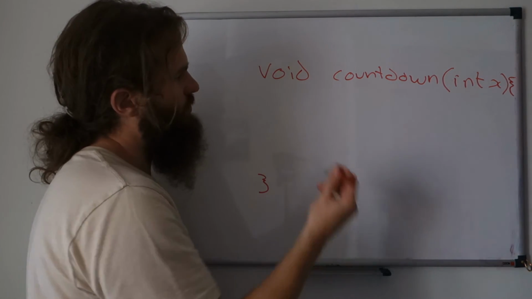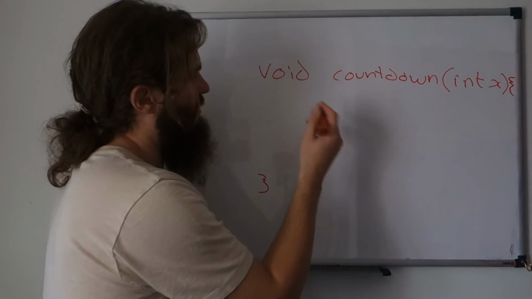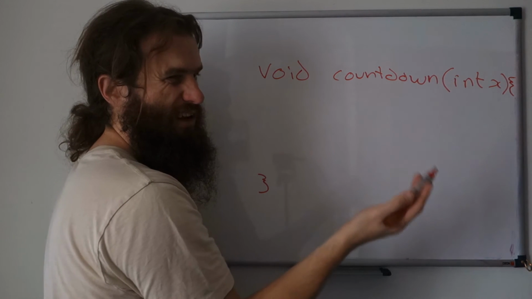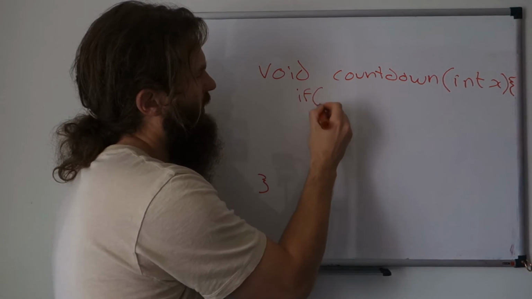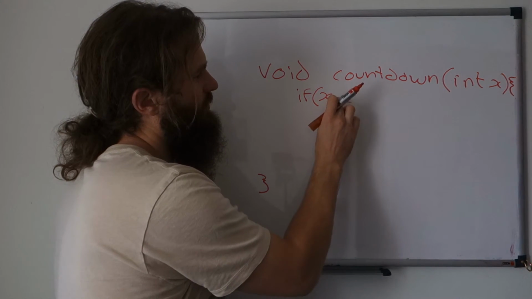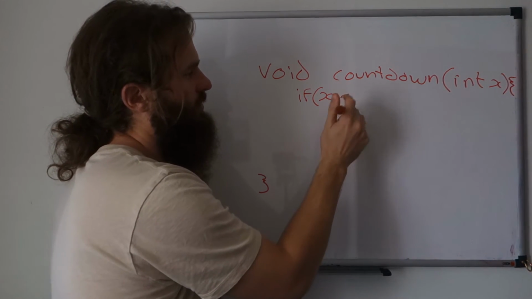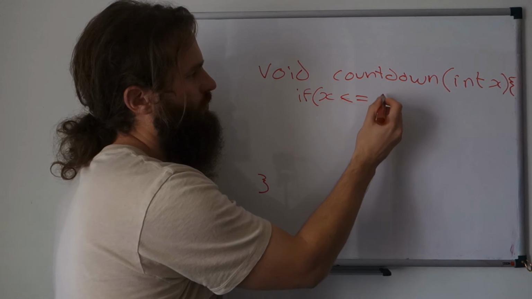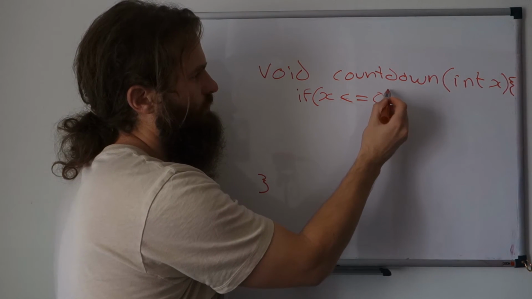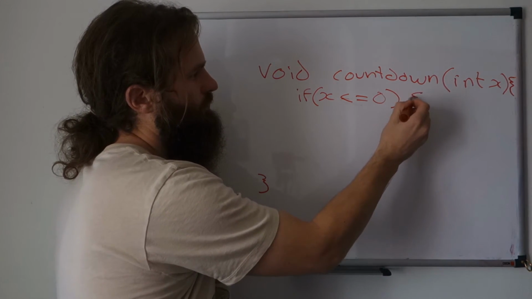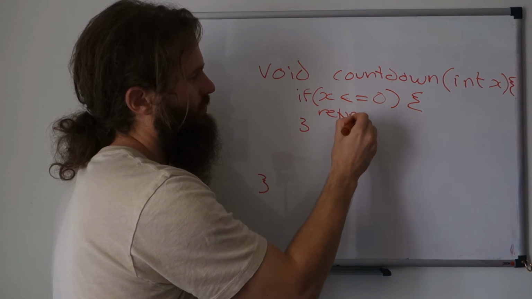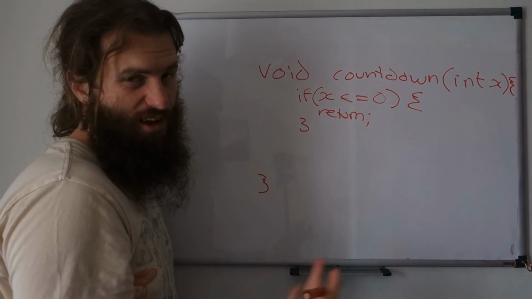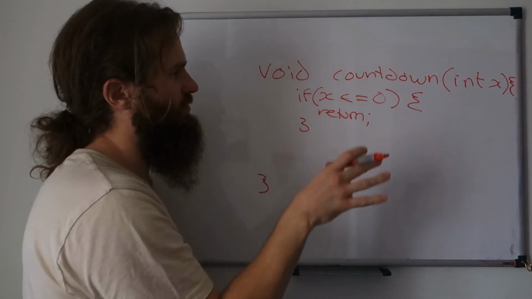Now the first thing it's going to do is check whether x is 0, or actually less than or equal to 0, let's say. Then we're just going to return. We don't return anything because it's void, so that just means we stop right there.